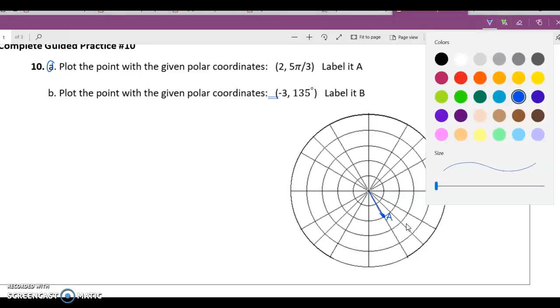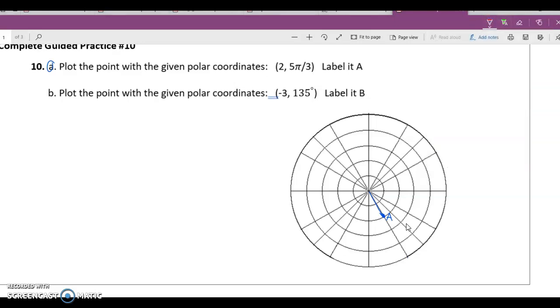And now for letter B, we get to do our negative radius. So we need to find our angle that has a measure of 135 degrees. So that is going to be on our unit circle. That's going to be our 45-degree reference angle in the second quadrant. So remember, this angle right here is your theta.